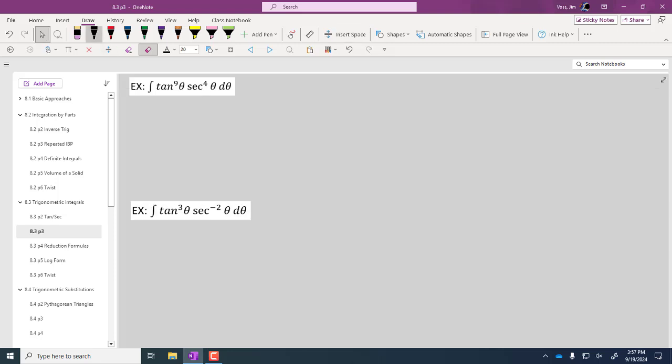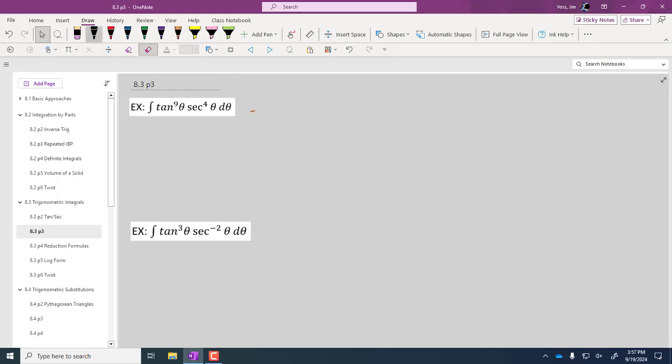So we're going to pull off a pair of secants, and leave the tangents alone, so tangent to the 9th. We're thinking of this pair of secants as being part of the differential now.